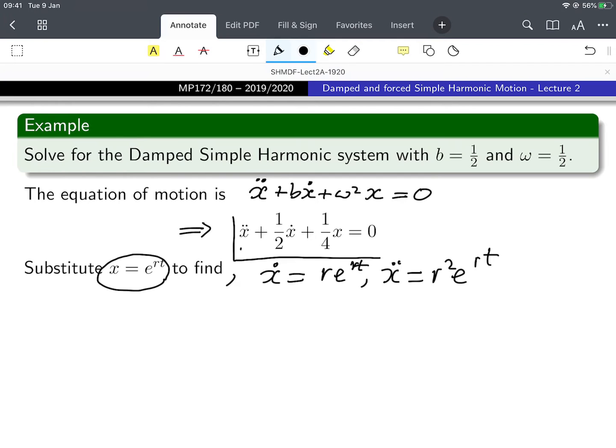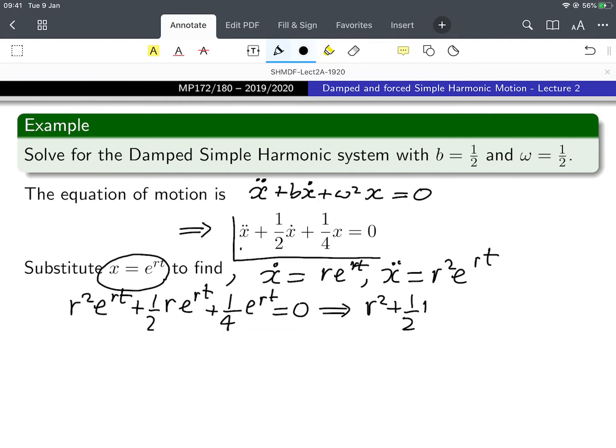So x double dot is going to be r squared e^(rt) plus a half r e^(rt) plus a quarter e^(rt) equals 0. I see that there's e^(rt) everywhere, so I divide across by e^(rt). I end up with r squared plus a half r plus a quarter.